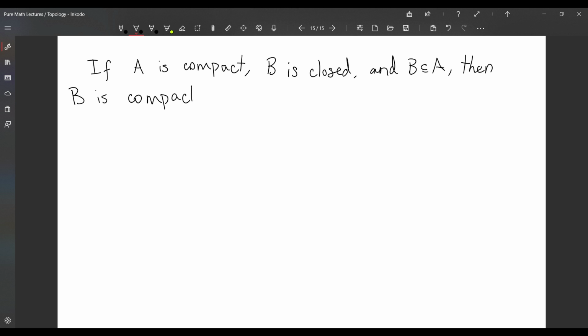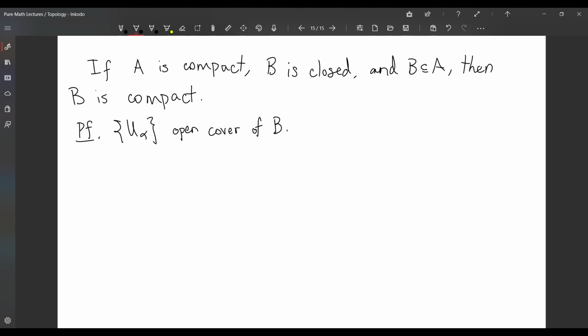So a closed subset of a compact set is compact. The proof of this goes like, well, first you want to prove that B is compact. So you would start with an open cover of B.